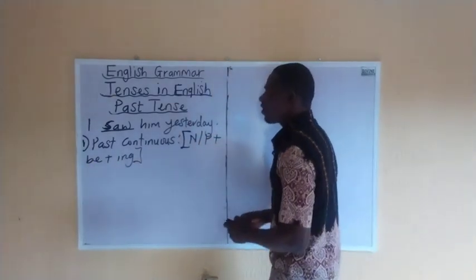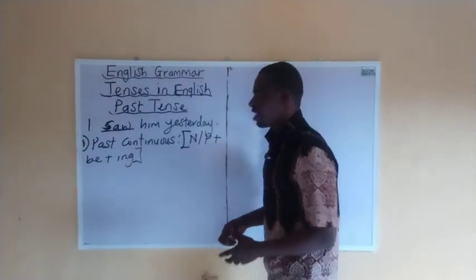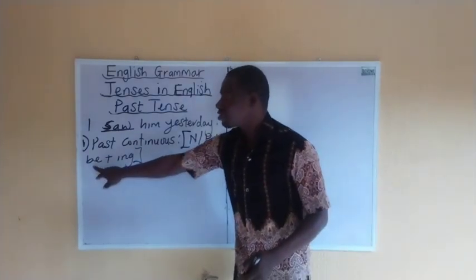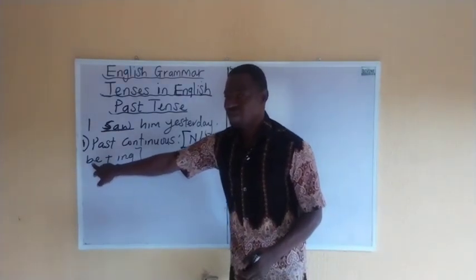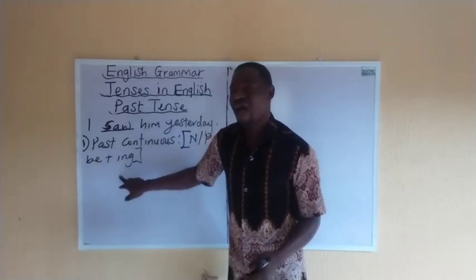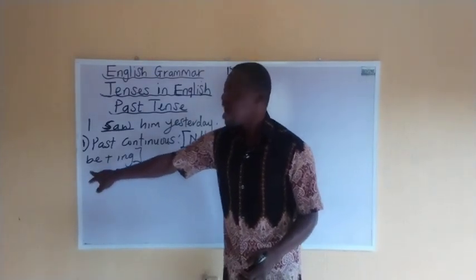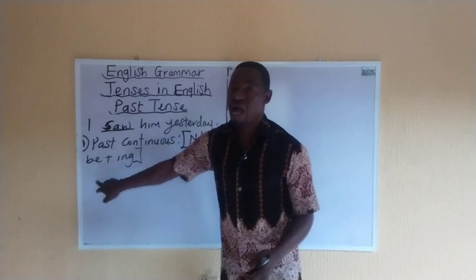The difference between the past continuous and the present continuous is that for the present continuous the verb be has is, are, and am. Therefore, for the past continuous, the verb be becomes was and were.